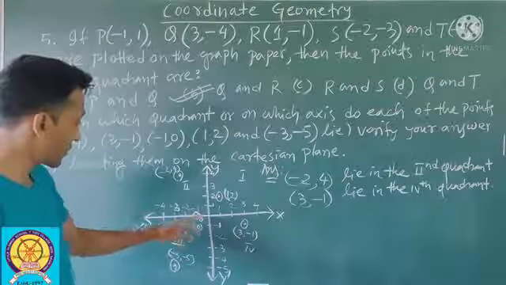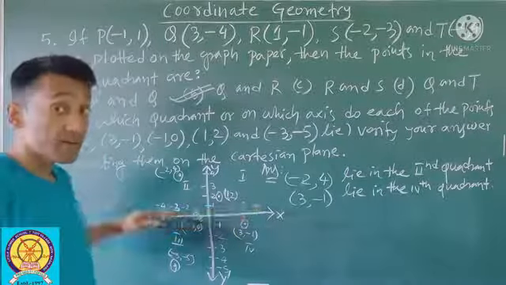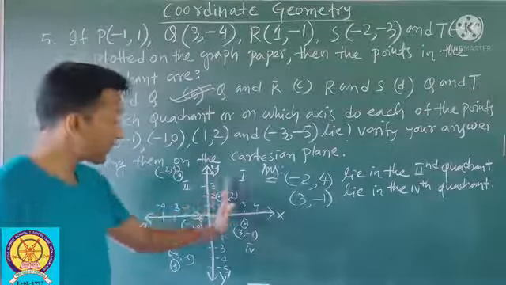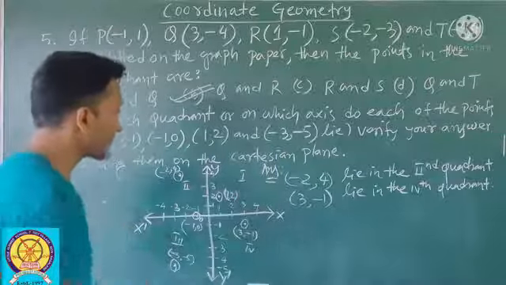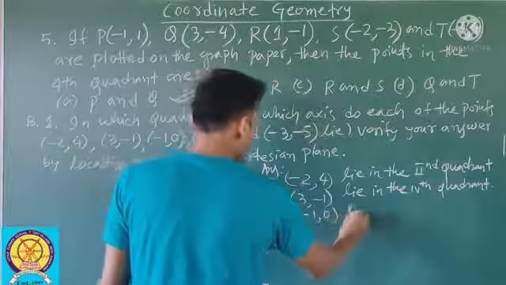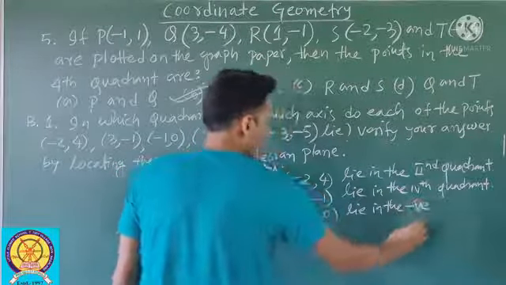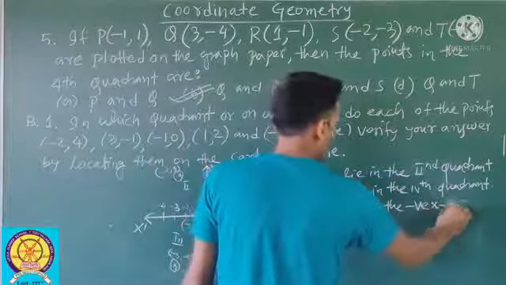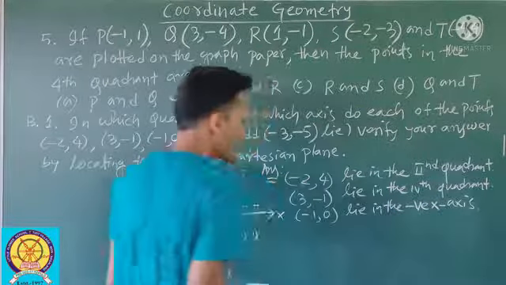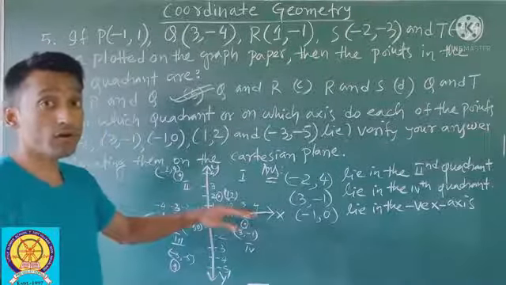This one is on the x-axis. This one is the positive x-axis, this one is the negative x-axis. So (-1, 0) lies in the negative x-axis. You have to mention whether the point is on the positive x-axis or the negative x-axis.